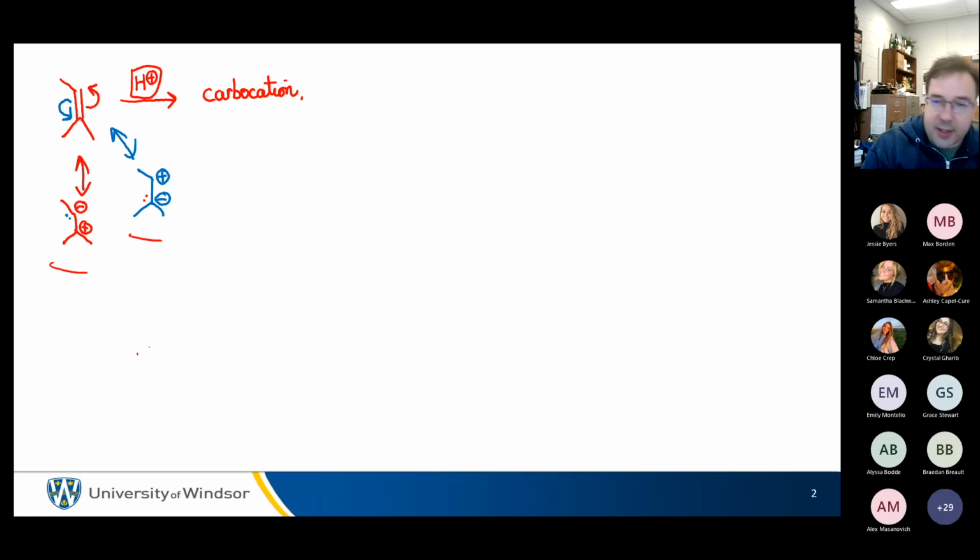You guys are going, except I'm going to poke at you because Lauren and Faith, you both said the positive carbon in the red one is secondary. Is that secondary? How many carbons? Yeah, perfect. There we go. Awesome. Tertiary, right? Whereas here the positive charge is secondary. And remember, we want lots of hyperconjugation.